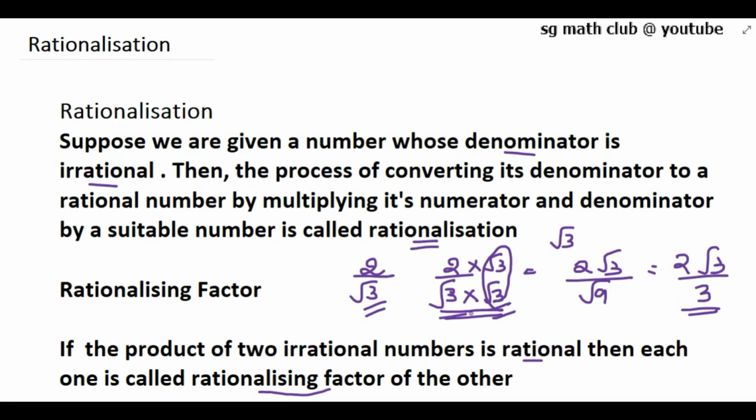That means if the product of two irrational numbers is rational, then each one is called the rationalizing factor of the other. So here the rationalizing factor of root 3 is root 3 only. That is the meaning of rationalization and rationalizing factor. In simple words, rationalization means the process of removing the root from the denominator.